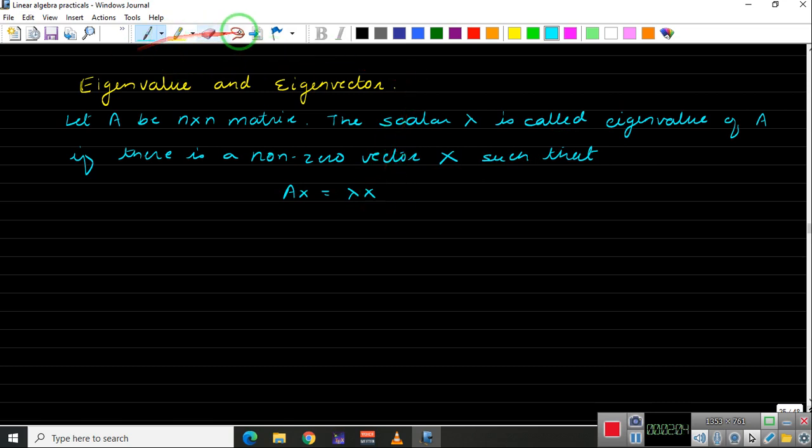Okay, this equation is important. So we have a non-zero vector such that Ax equals lambda x.